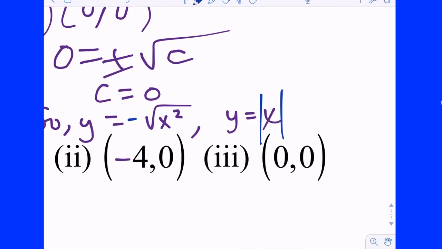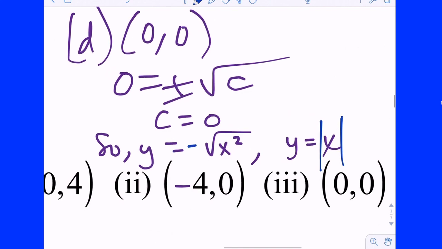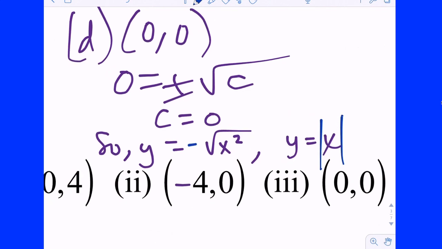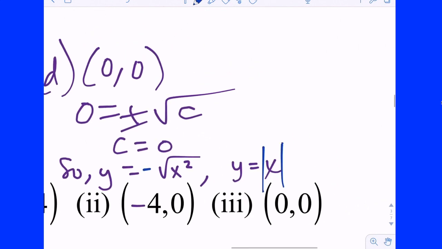But could it also be negative? Let's have a little discussion here. If I chose the negative version, would it still pass through the point 0, 0? It would. So if I left the negative intact there, it could also be y equals negative absolute value of x.